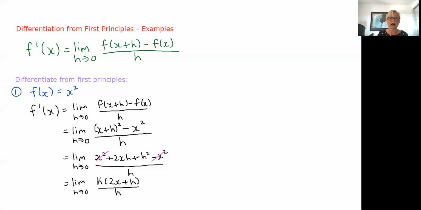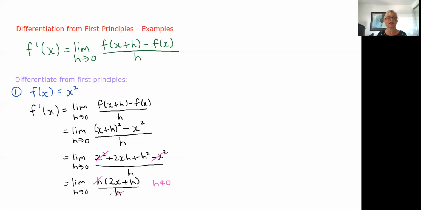Now, we are allowed to cancel here because we're just taking the limit as h tends towards 0. We're not saying h is ever actually going to be equal 0. We're taking the limit. Now, this is where things get a little bit contradictory, but it's not actually contradictory.